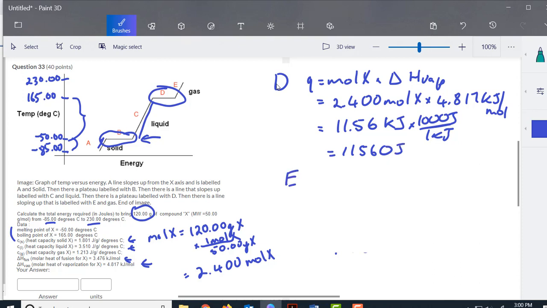And the E here is now going to be this area here, again another slopey area, so it's going to be Q equals MC delta T, the C of the gas.